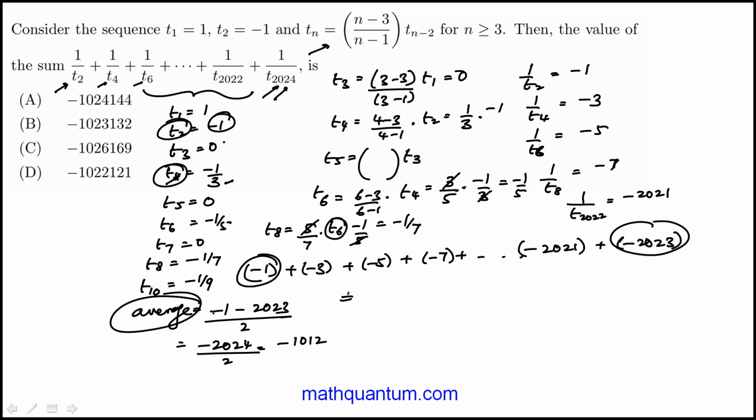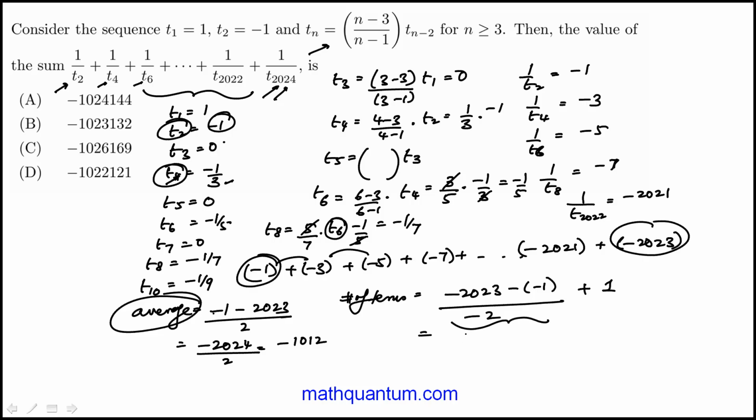And to count the number of terms, it's the last term minus the first term, and that also comes again from arithmetic sequences, over the spacing, and it's the common difference, minus 2023 minus minus 1, so that would be minus 2022 over minus 2, plus 1, because that's just the number of gaps, and we have to add 1 to that.